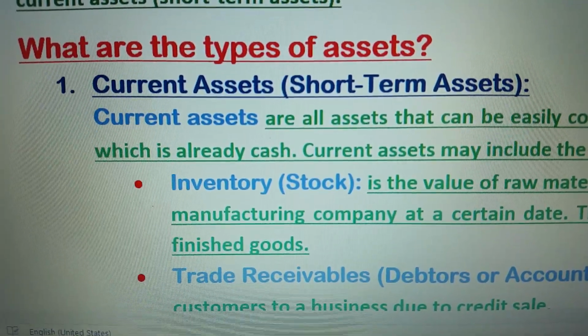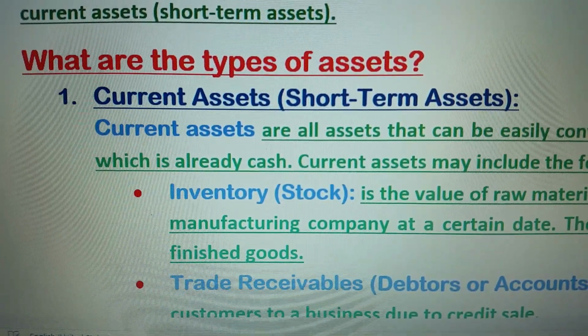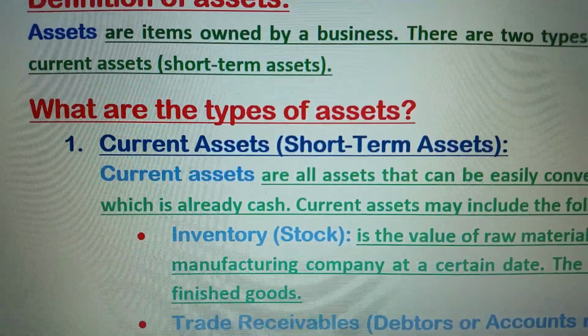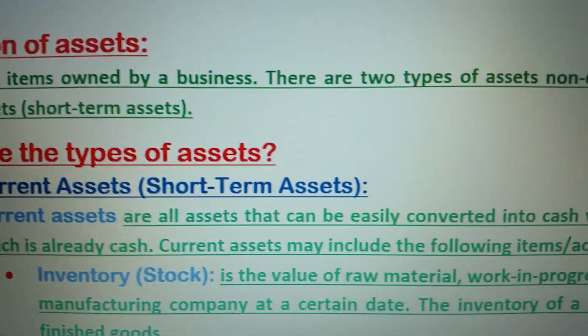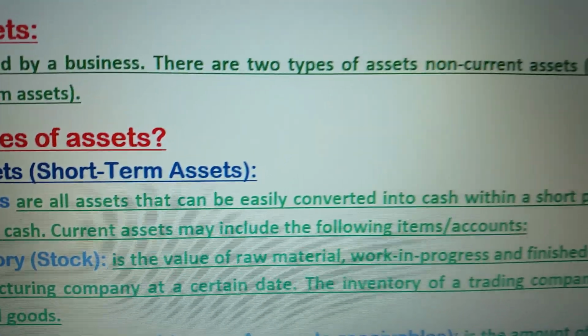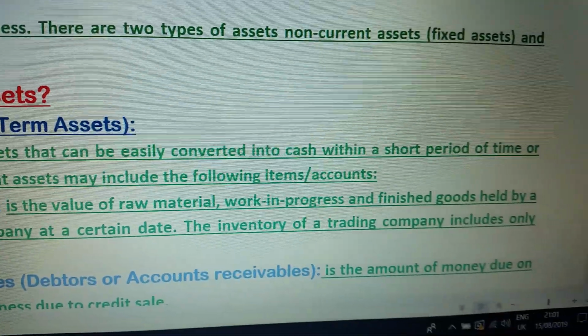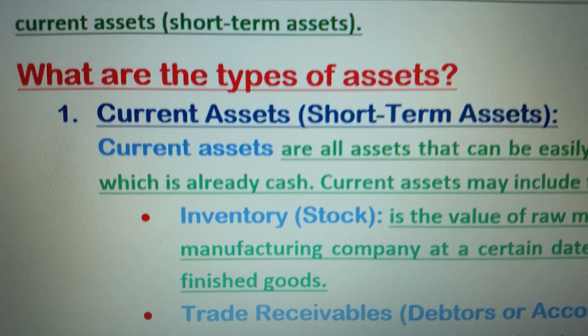Again, current assets, the first type of assets, are all assets that can be easily converted into cash within a short period of time, or are already cash.